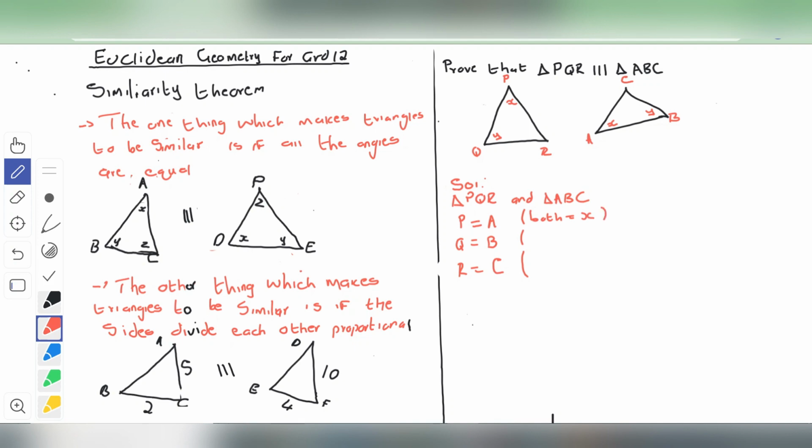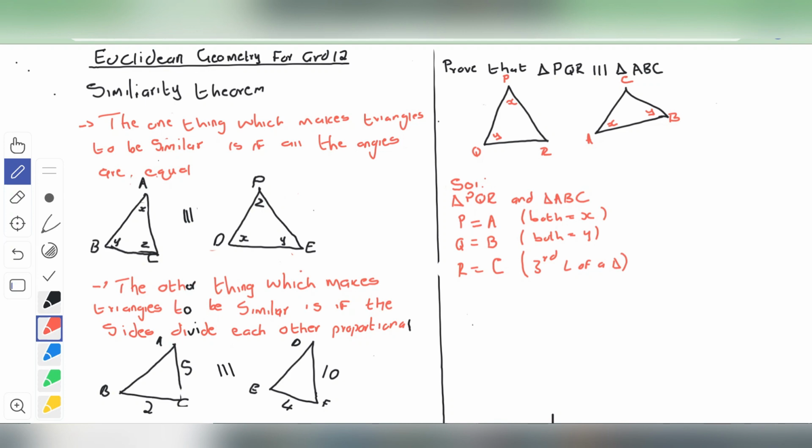Q and B, both equals to Y. R and C were not given, but always the third reason, if you already wrote two, you can just say the third angle of a triangle. That's it. Then you are done proving those things.